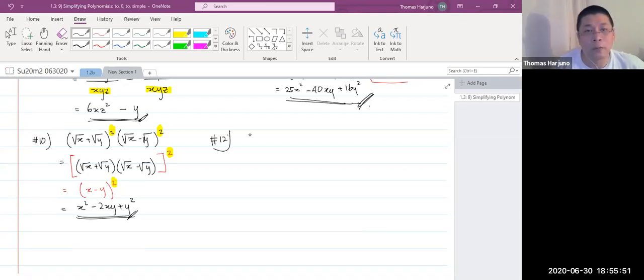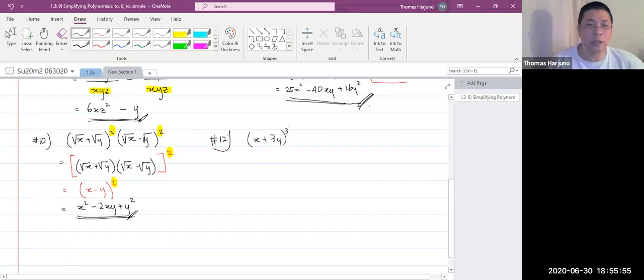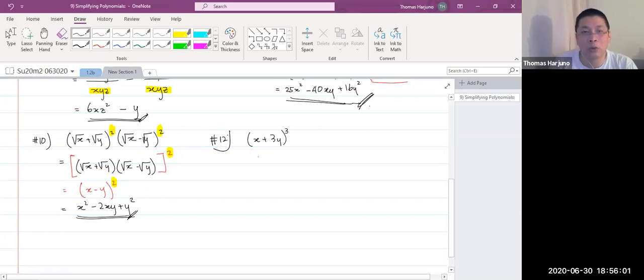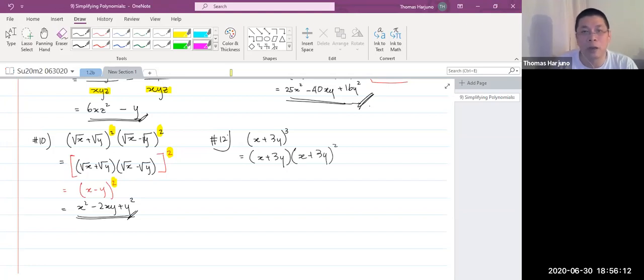If I have x plus 3y to the power of 3 as in number 12. Now, the way we approach this will be, I will make it into squared first, x plus 3y times x plus 3y squared. Now, the reason is because I know how to expand this using the formula I have above.